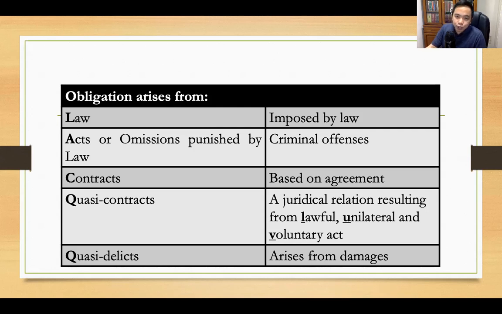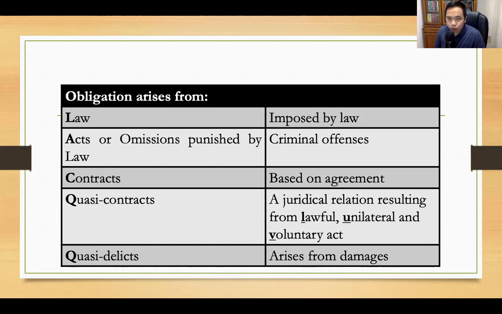But because your neighbor has salvaged your properties, there is an obligation on the part of the property owner to reimburse the neighbor for the expenses incurred in saving the properties.